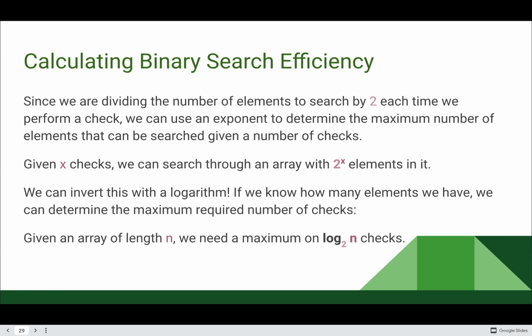Every time I add a new element, I need to check exactly that many times with linear search. Where here, anytime we add an element, it's only going to add potentially a fraction of a check each time. So we can check much, much larger arrays in a much faster time using binary search.